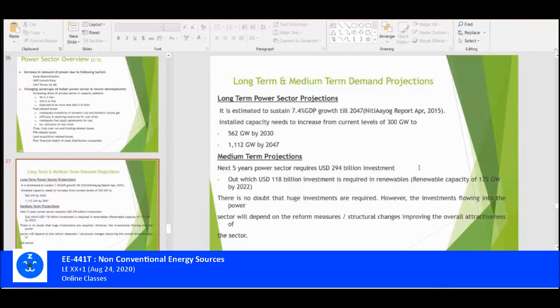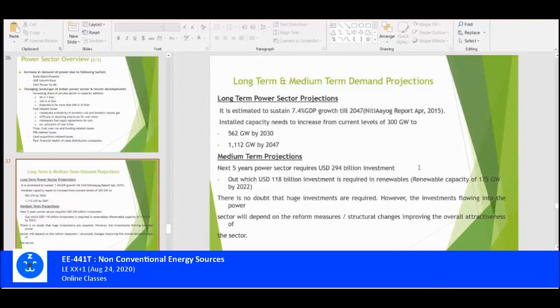So in almost 10 years, we need to add almost 190 gigawatt of power. It is almost 372, I think. In the month of August, the total installed capacity is 372 and 562 required by 2030. So in a decade, we need to add almost 190 or 200 gigawatt of power.